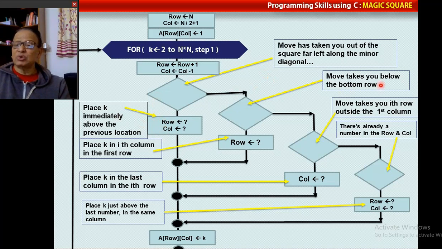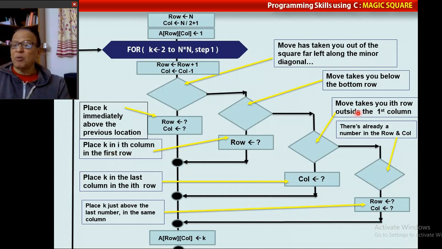Or the move takes you below the bottom row, then what happens? Then the row has come to more than n. So what is the row? You place k in the same column in the first row. You have come into the same column, you go to the first row.